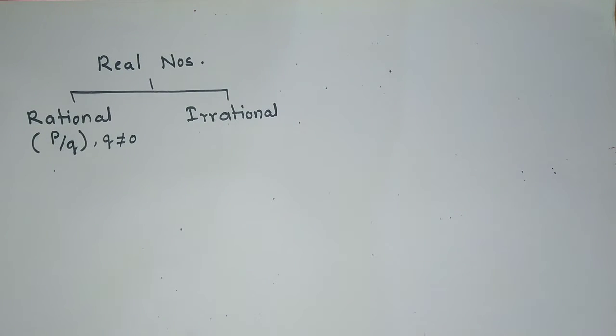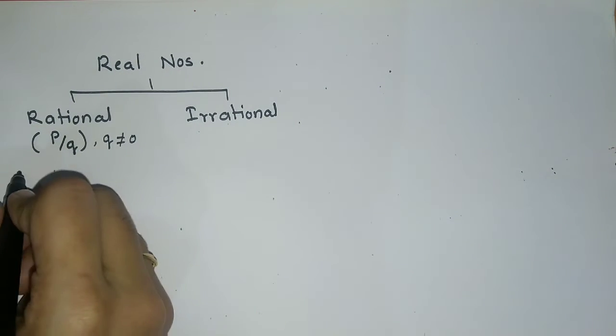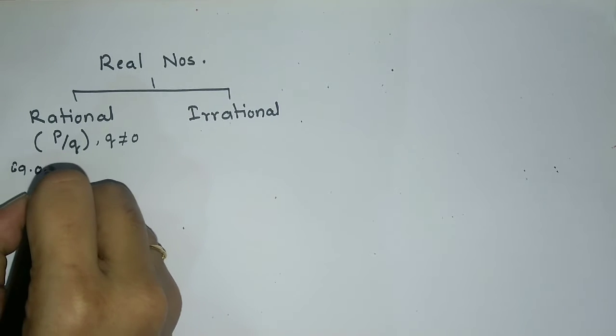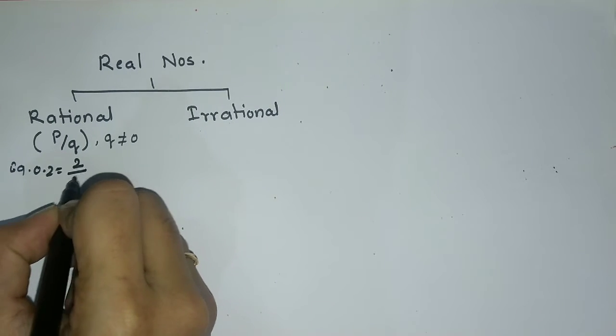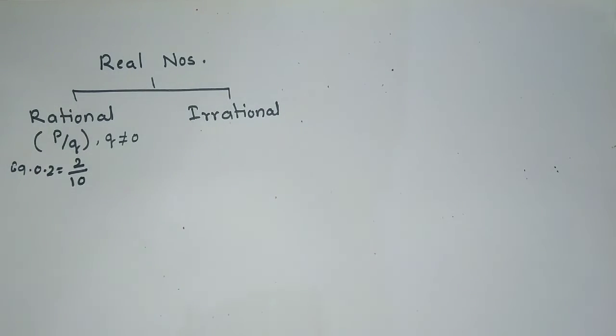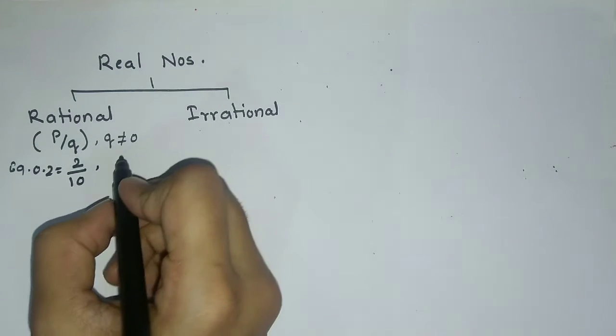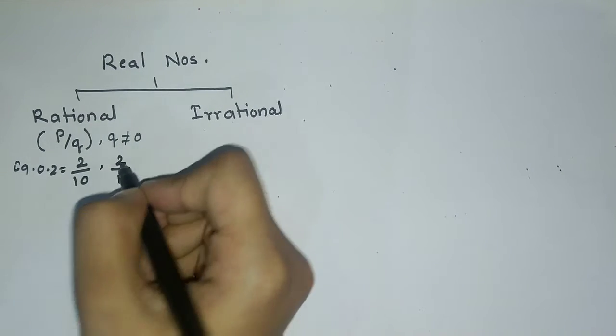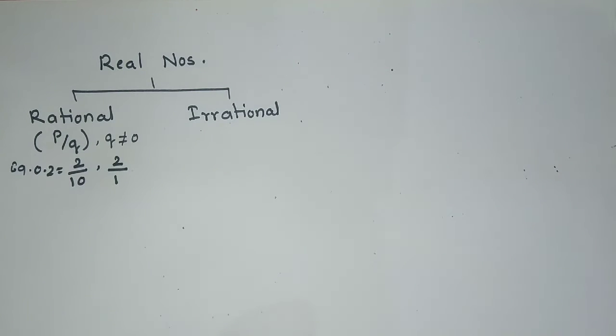These are in the form of fractions. For example, we can write 0.2 as 2 by 10, so it is a rational number. We can denote integer 2 as 2 by 1, so it is also a rational number.